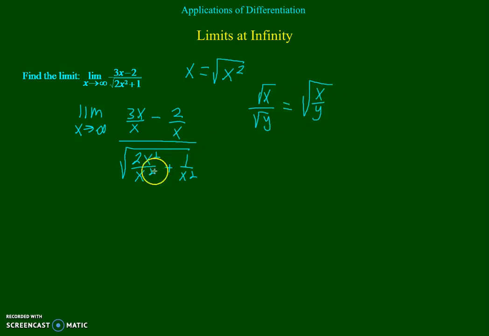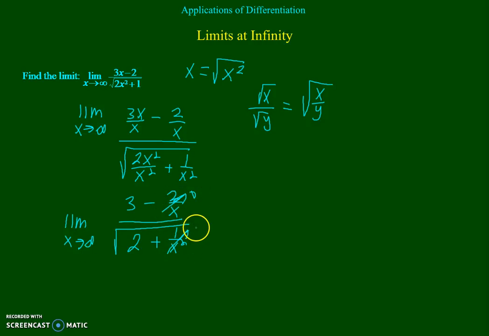So that's all we did down here. So this gives us 3 minus 2 over x, over the square root of 2 plus 1 over x squared. We take the limit as x approaches infinity of this. This goes to 0, this goes to 0, and we're left with 3 over the square root of 2.